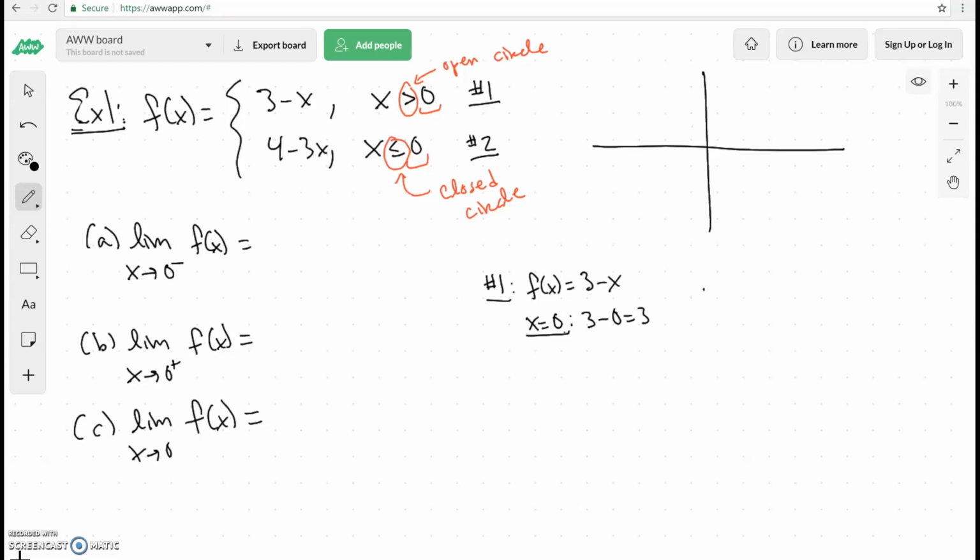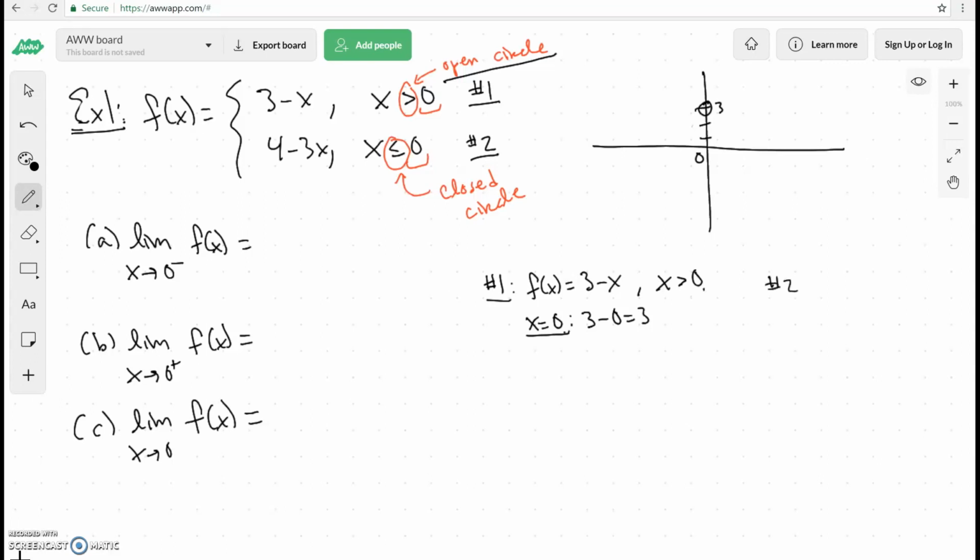So when x was equal to 0, my y was equal to 3. 1, 2, 3. Okay? And that one, remember, is going to be an open circle, because I wrote it right here that this one was going to be an open circle. This one was when x was greater than 0.